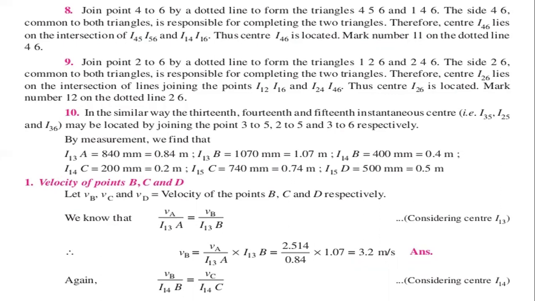Then we need to find the velocities of B, C and D. Let VB, VC and VD be taken as the velocities of the points B, C and D respectively.